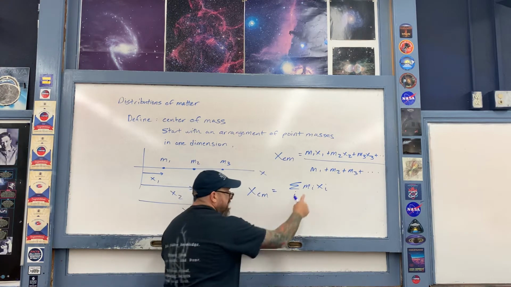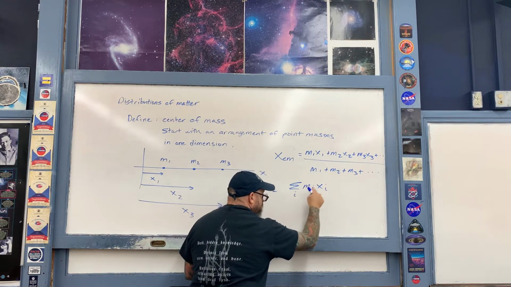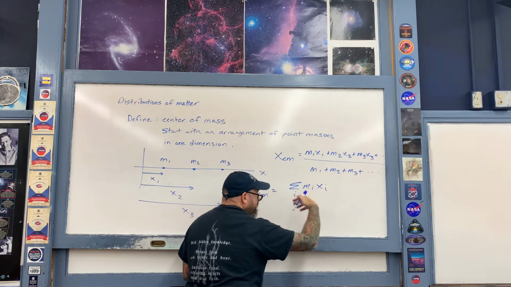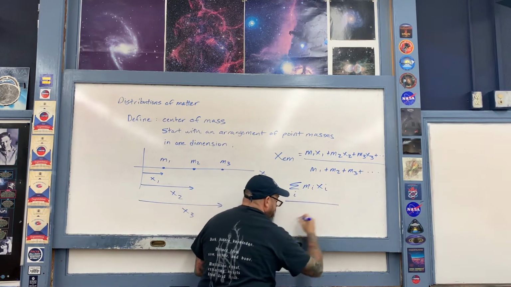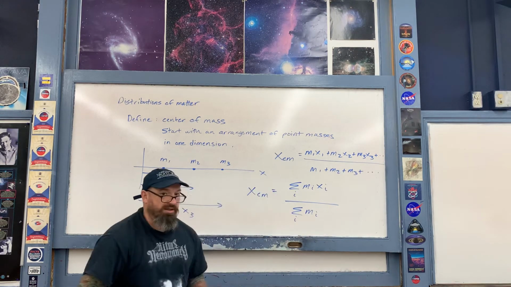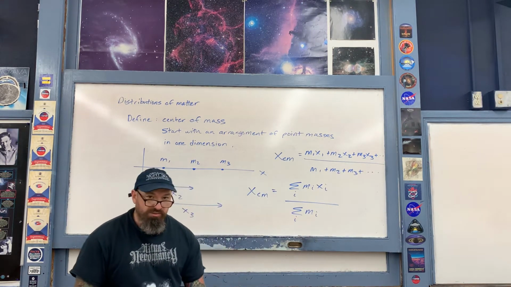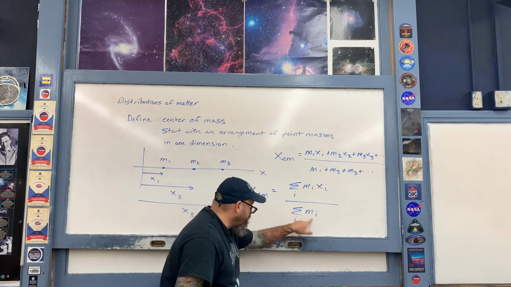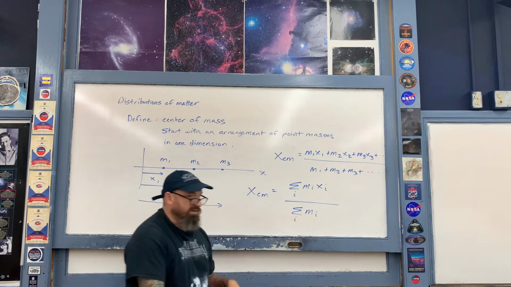Think of it this way, it's m1x1 plus m2x2 plus m3x3 and so on. And then we divide that by the sum of the masses, which using a summation symbol is used like so. Once again, the letter i is used as an index. So think of this as m1 plus m2 plus m3 and so on.